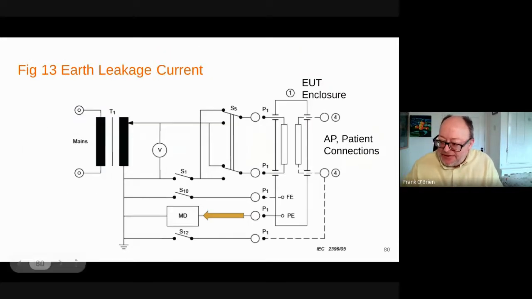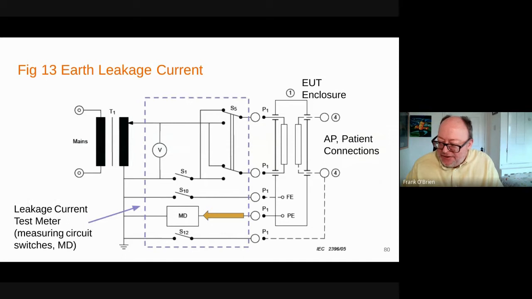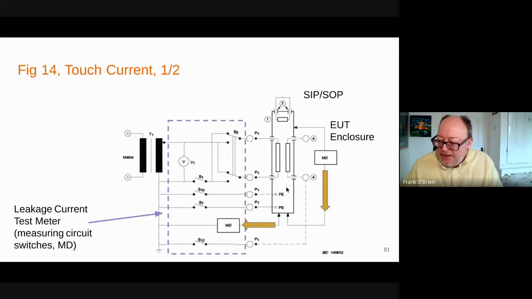Here's earth leakage. There's your earth conductor. The measuring device is right in there. This is the equipment under test. Here's touch. So you want to measure with the earth open, a touch surface back to your supply reference.